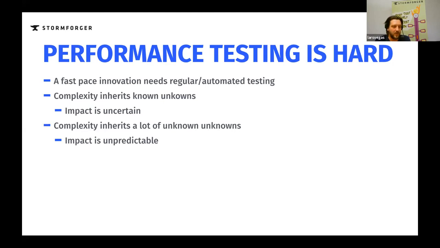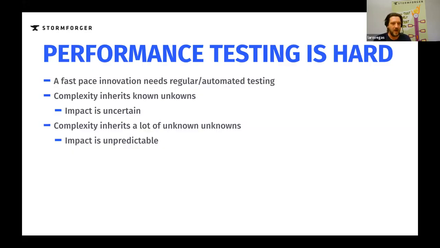And complexity also inherently means that we have known unknowns. In terms of confidence, this is first of all not a problem, because we know there is an impact, and we know this impact maybe is uncertain, but I think most people feel confident that there is an uncertain impact and they will still deal with it.